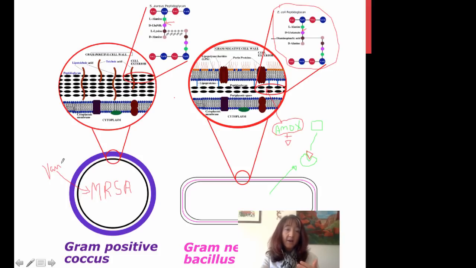Vancomycin is another antibiotic that also targets the peptidoglycan. Now what it does is it actually binds to a tetrapeptide chain while it is building. So let me see if I can give you a kind of visual look at that. Vancomycin comes in, and instead of the next amino acids in the chain binding, vancomycin binds, and it's this huge molecule, and then therefore the rest of the tetrapeptide chain can't get built.